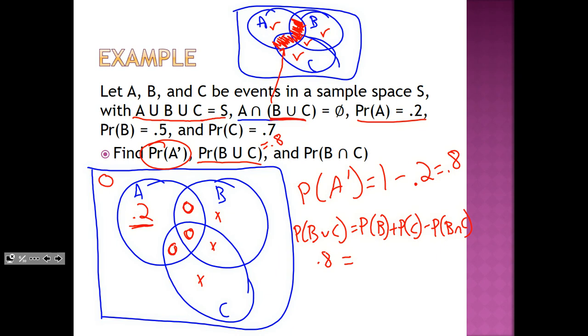B, we're told in the problem, is 0.5. C, we're told in the problem, is 0.7. I can find my intersection, so that would have to be 0.4. Okay. So a lot going on there, Venn diagram, and kind of just applying that previous knowledge to figure these out.